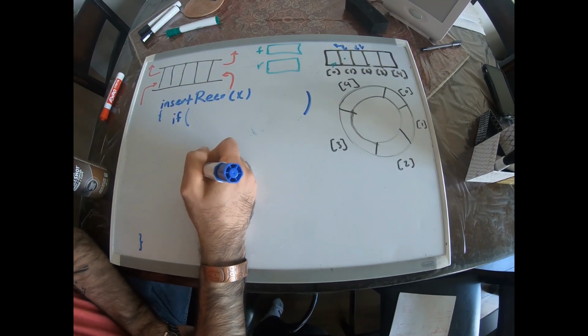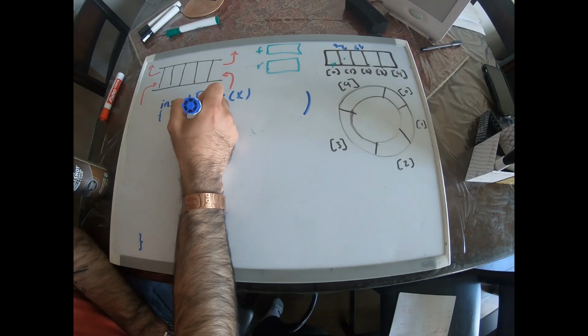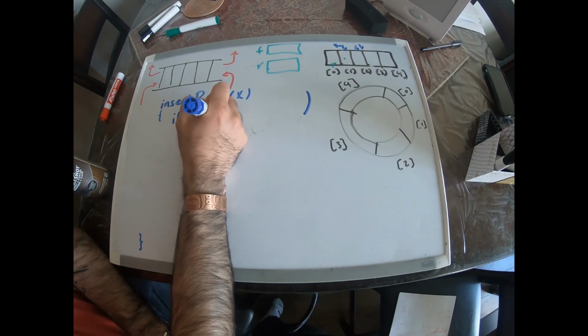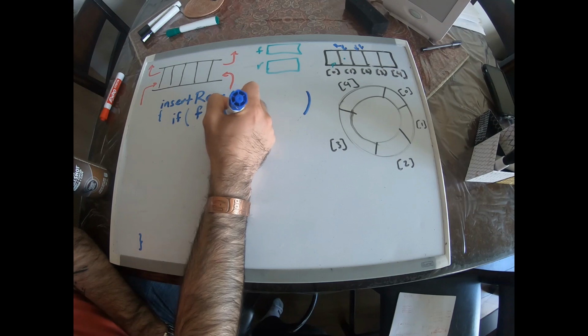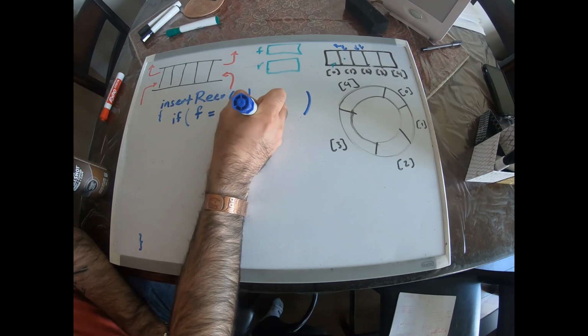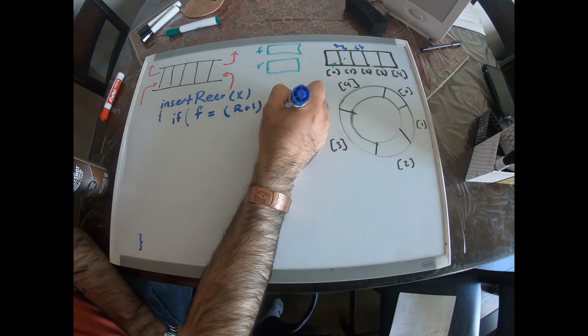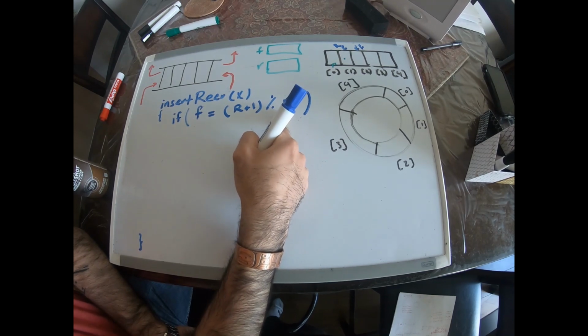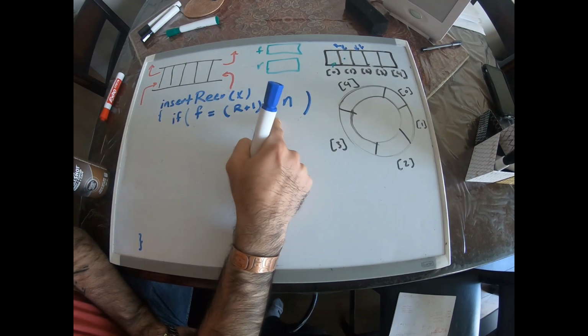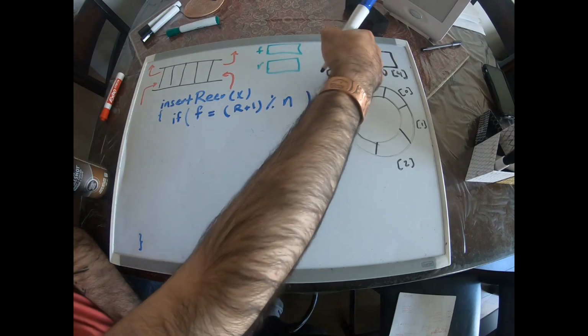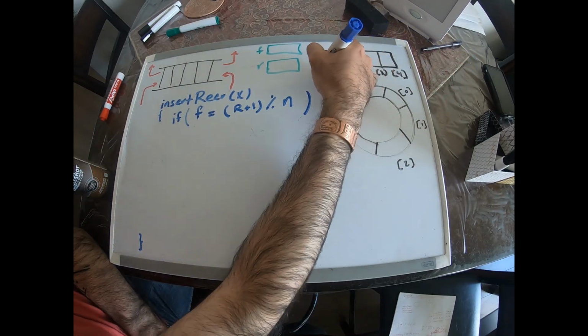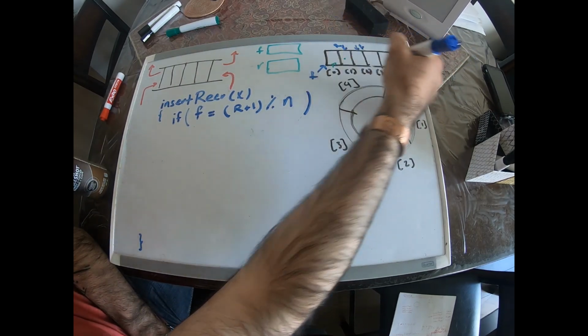We can write it as if front is equal to rear plus 1 mod n, or mod size. This is going to cover both cases, this case and this case.